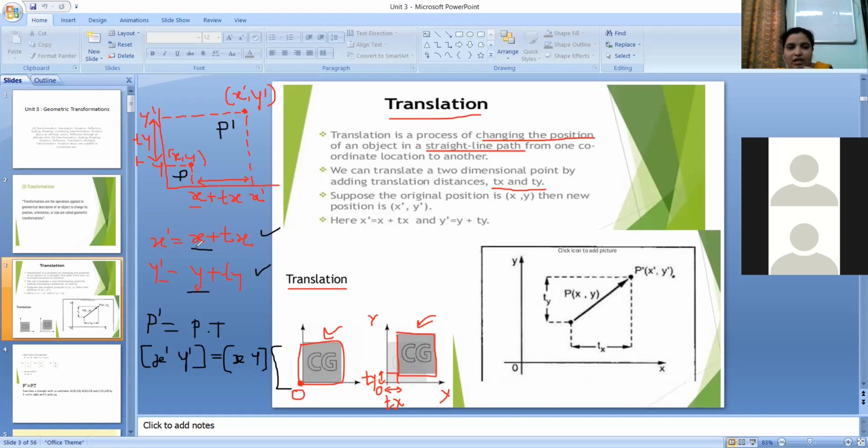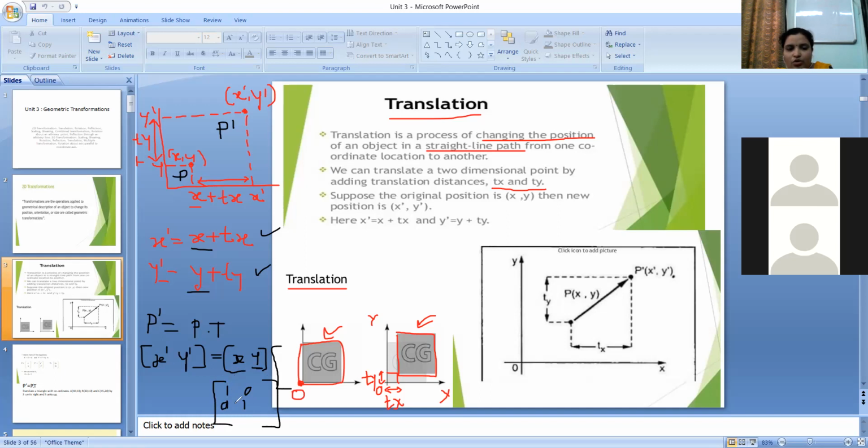So if I want this original x and y as it is, it means I have to multiply them with the identity matrix. So I'm writing that matrix here.